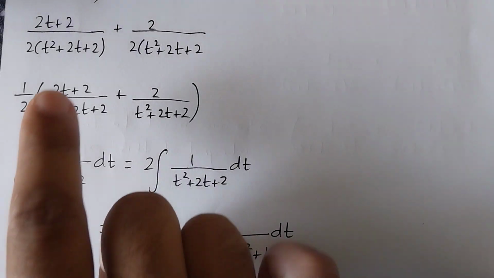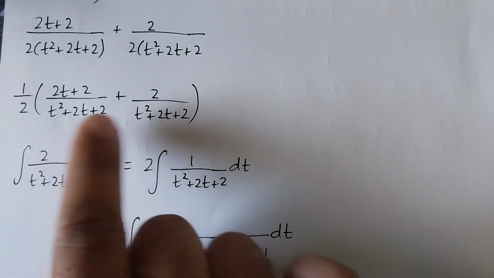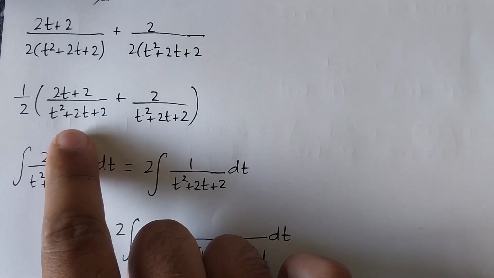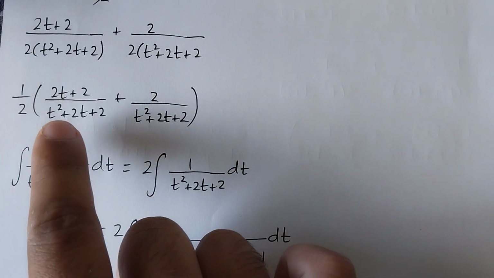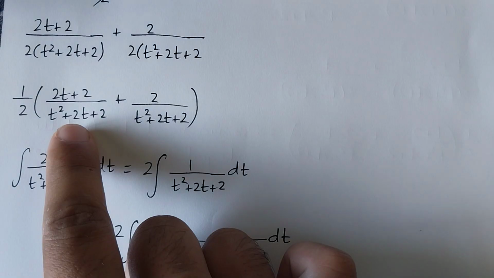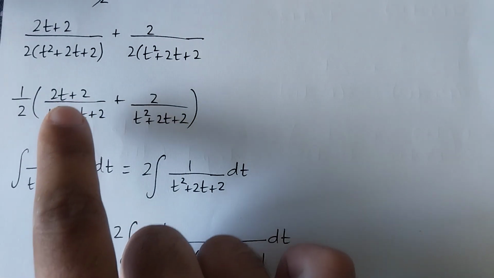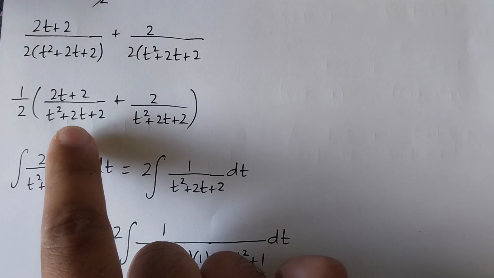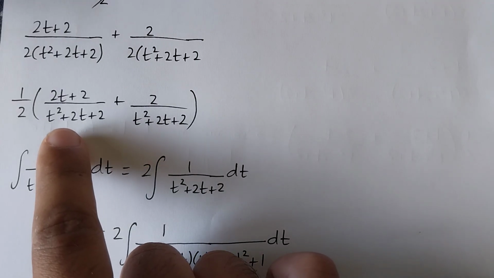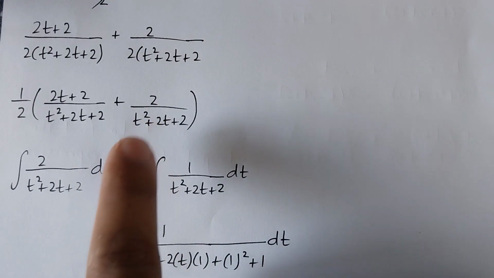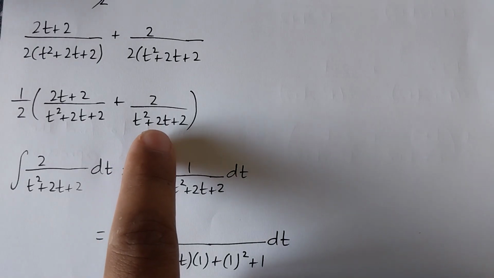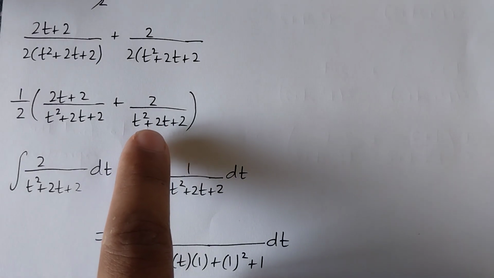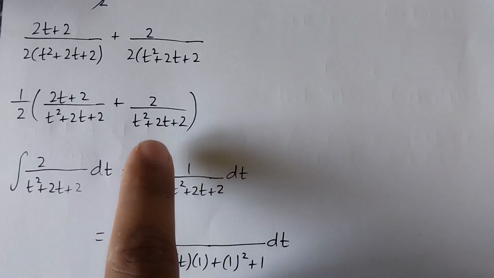So basically we were integrating these two things, and this one is easy to integrate because its derivative is written in the numerator. Its integral is just natural log of t square plus 2t plus 2, and we have found the integral of this other thing, that is 2 times tan inverse of t plus 1.